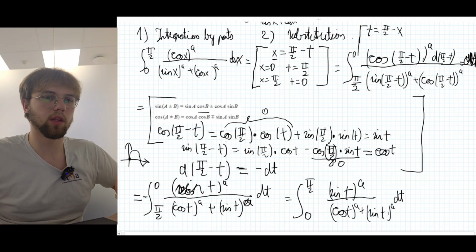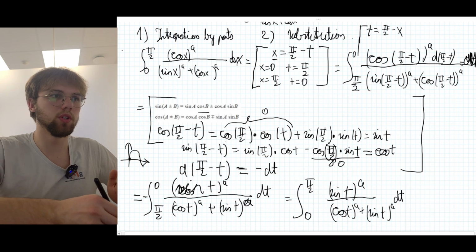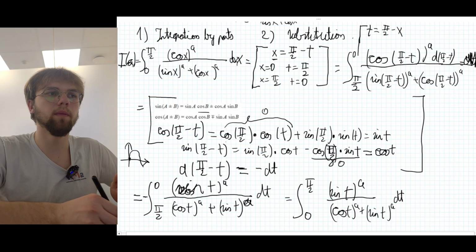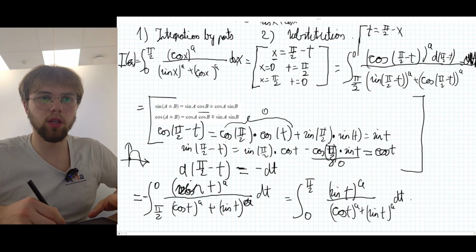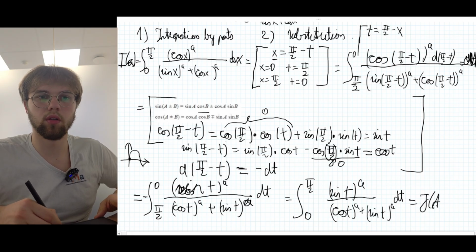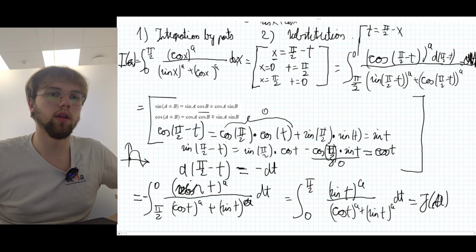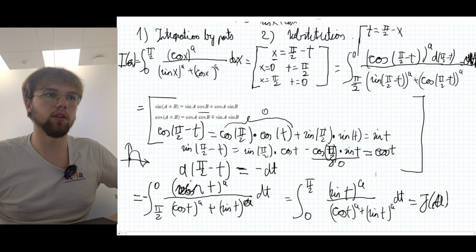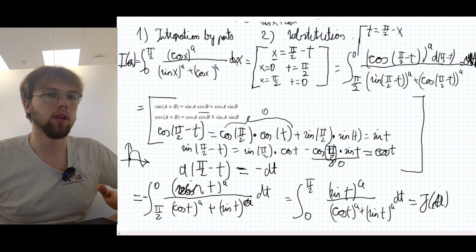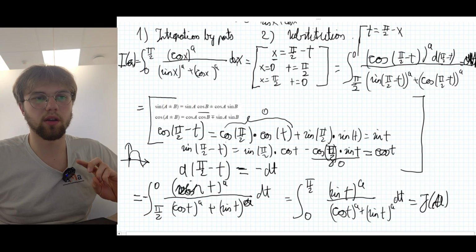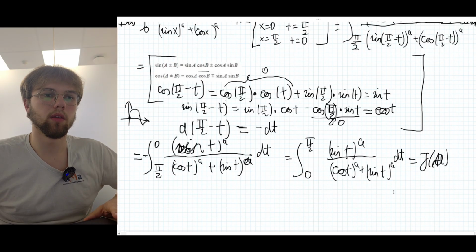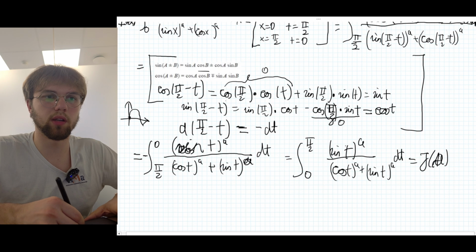But look what we've shown. We've shown that this integral is equal to this integral. And just to not mess things up, this is basically known as a dummy variable. So you could just write x instead of t, right?